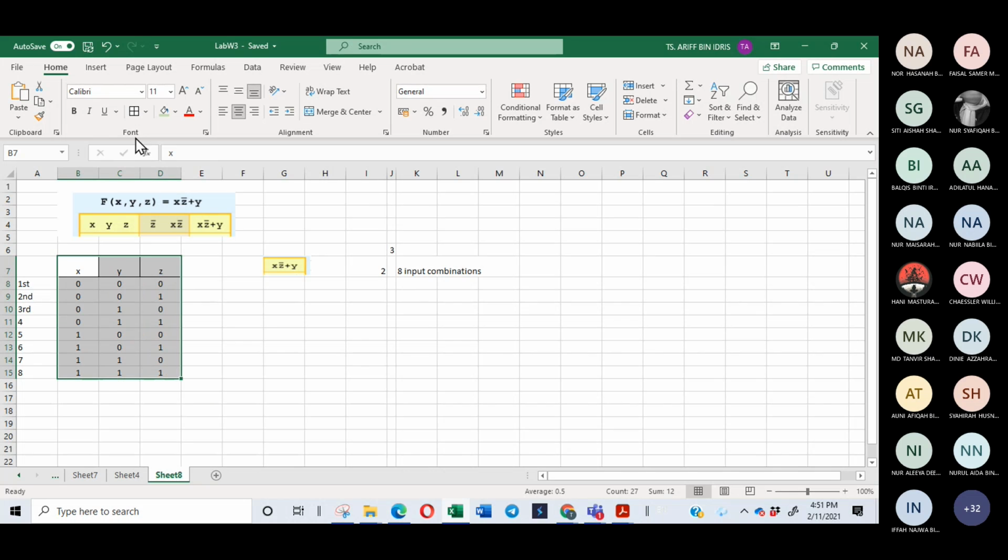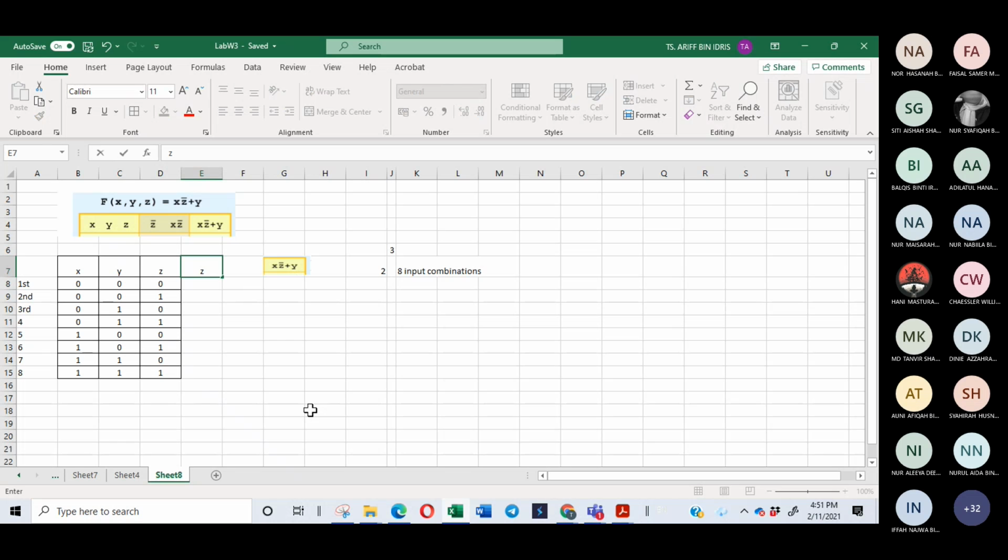So let's make it as all boxes. Then you put it as the z bar, and the following one will be x z bar. So this one we consider as x z bar, because it is difficult for me to put the bar at the top.